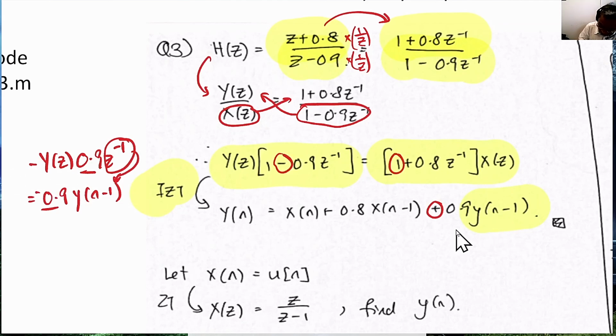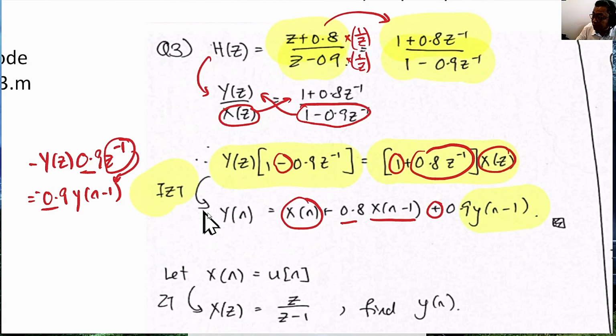This is trivial: 1 times X(z) becomes x[n], of course. 0.8 times z^-1 times X(z) is simply 0.8, the coefficient again, times x[n-1]. So to get the difference equation, we need H(z) to be in the negative powers of z.